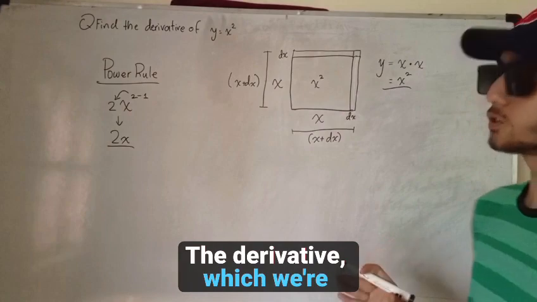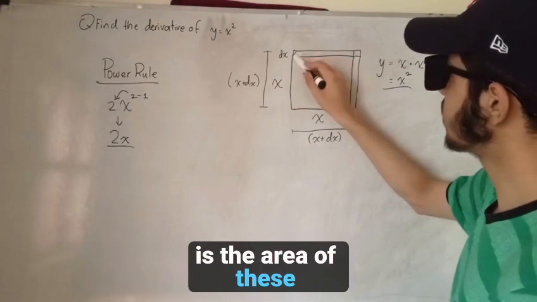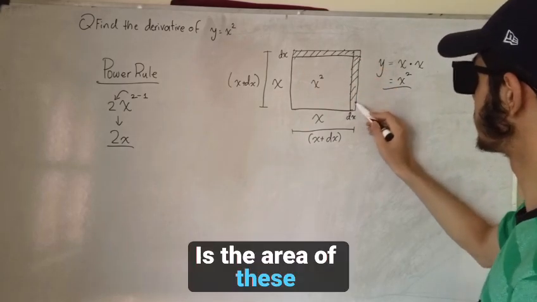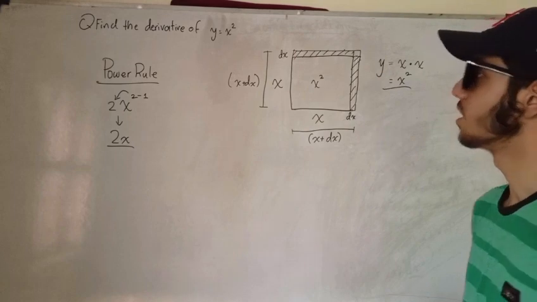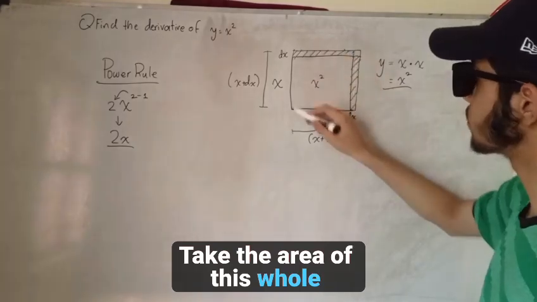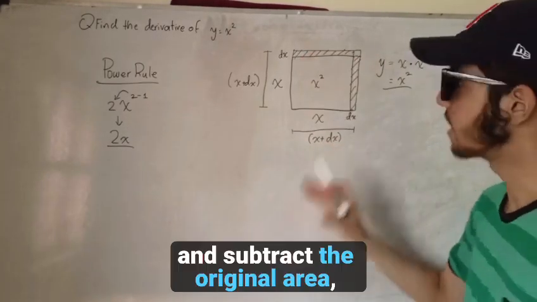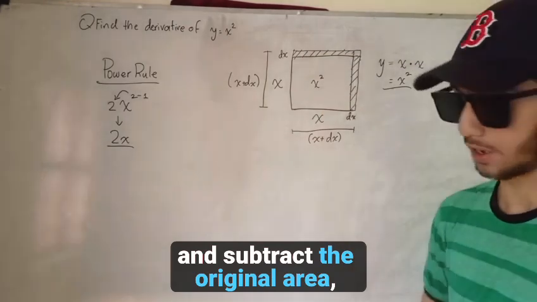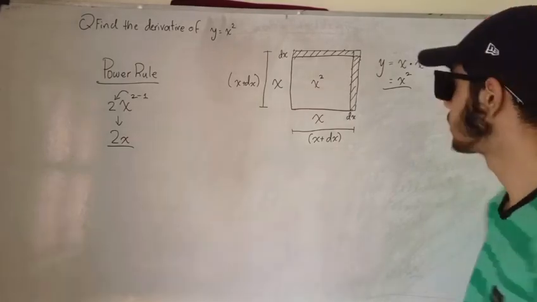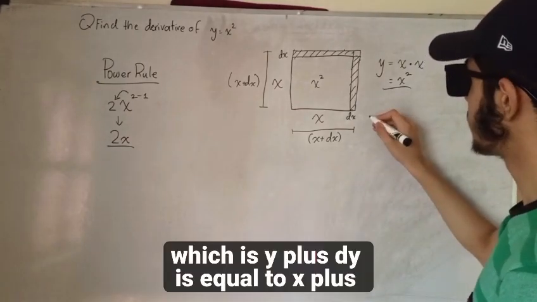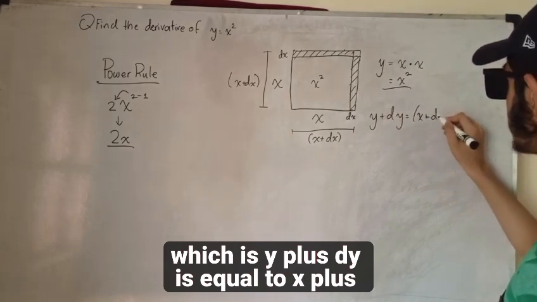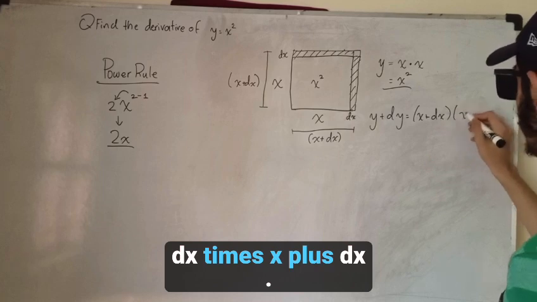The derivative, which we're supposed to find, is the area of these incremented sides. How will you find that? It's obvious. Take the area of this whole enlarged square and subtract the original area, which is x squared, from the new enlarged area, which is y plus dy is equal to x plus dx times x plus dx.